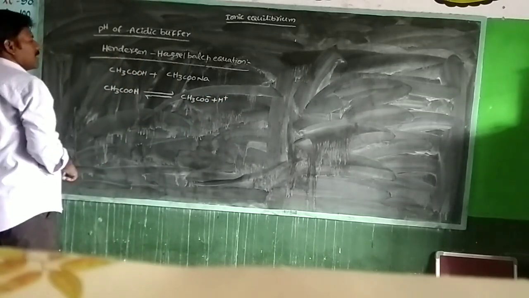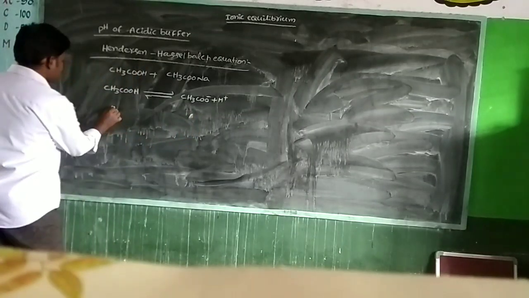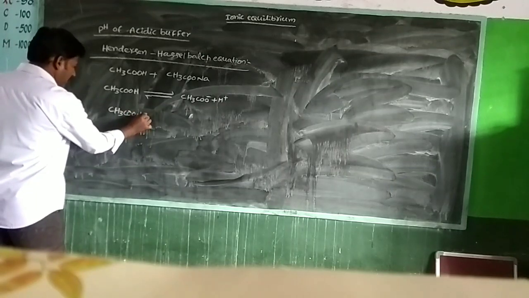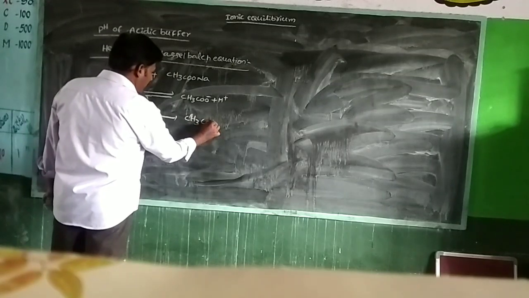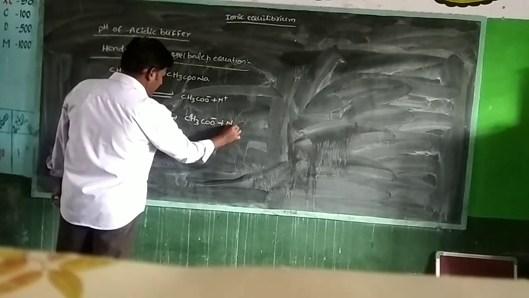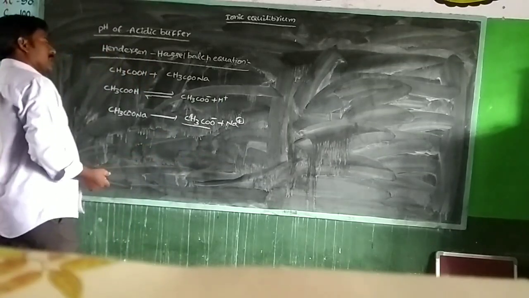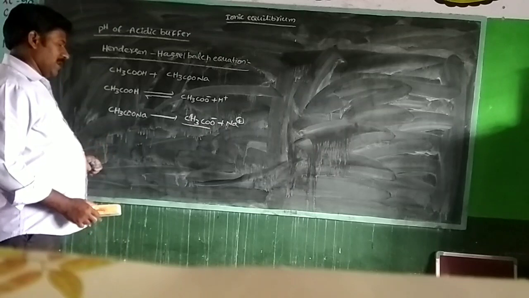If the strong electrolyte is added, it gives CH3COO minus plus Na plus. That means if CH3COO minus is added, the equilibrium will shift to the backward direction.